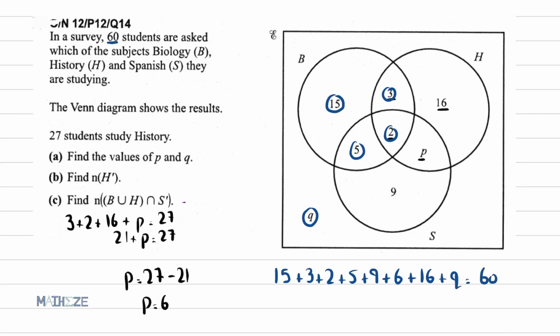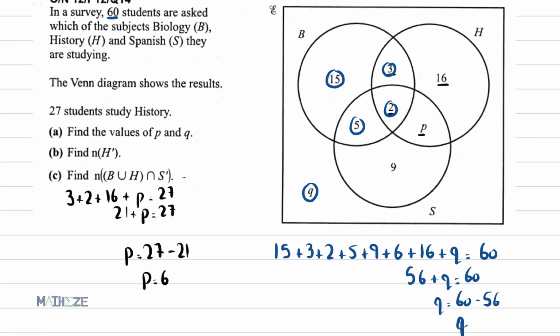So 15 plus 5 plus 5 is 25. 25 plus 9 is 34. 34 plus 6 is 40. 40 plus 16 is 56. 56 plus Q is equal to 60. So what's Q? 60 minus 56, and that would be 4. Do you get this, guys? So now I found out the values of P and Q.